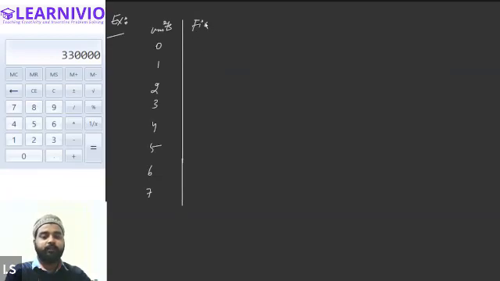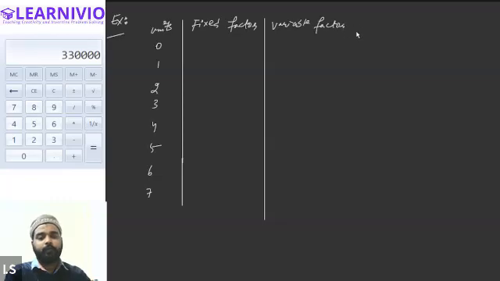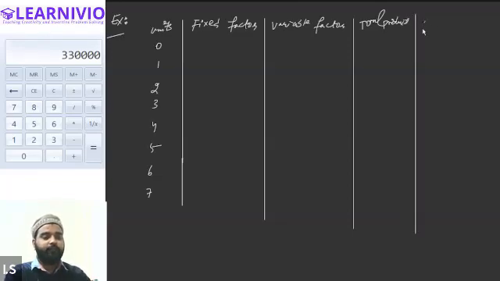They are using fixed factor, as well as variable factor. And by applying fixed and variable factor, they are able to produce this total product. And then we have this average product and the marginal product.